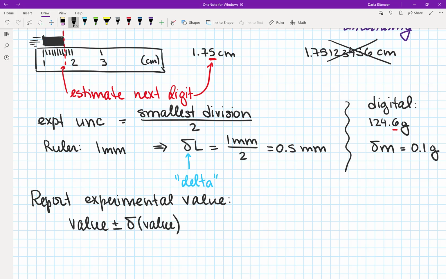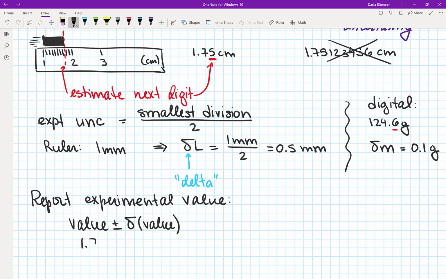For example, I wrote down the length of this ruler as measured in centimeters, but I wrote the experimental uncertainty in millimeters. That's actually a no-no. When you're reporting experimental values, the units have to match. So here's how I'm going to write it.